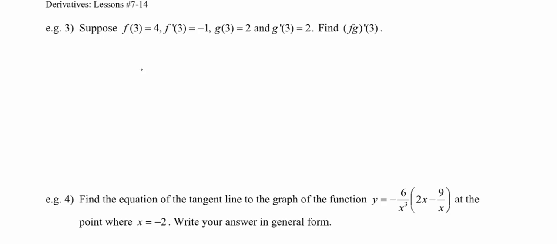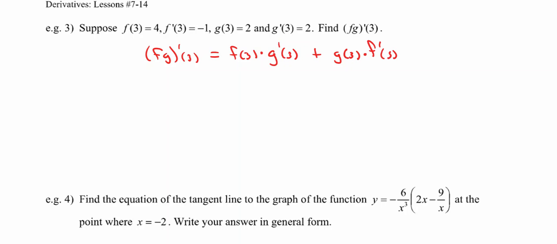All right, so f times g prime at 3 would be equal to, and it's f, so we'll say f of 3 times g prime at 3 plus g at 3 times f prime at 3.